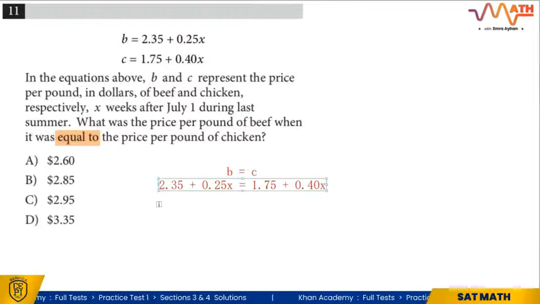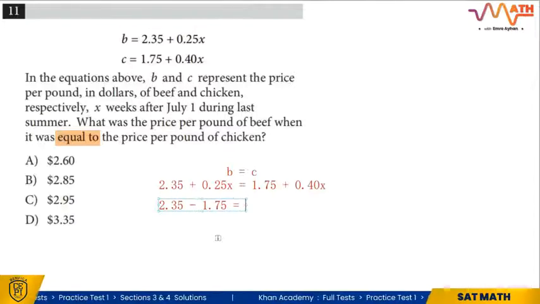So here will be 2.35 minus 1.75 is equal to 0.40x minus 0.25x.